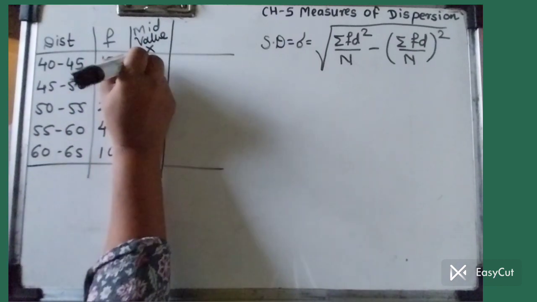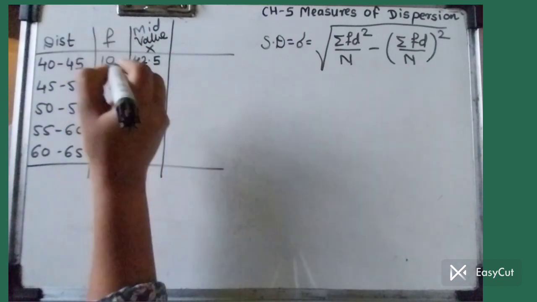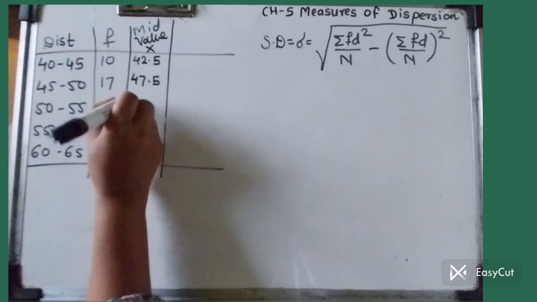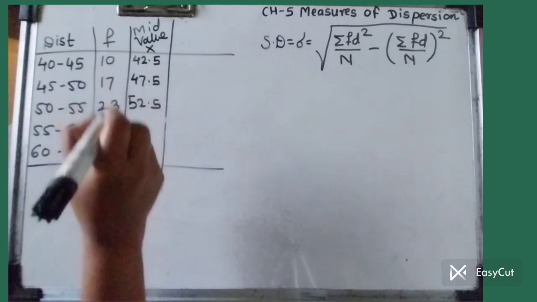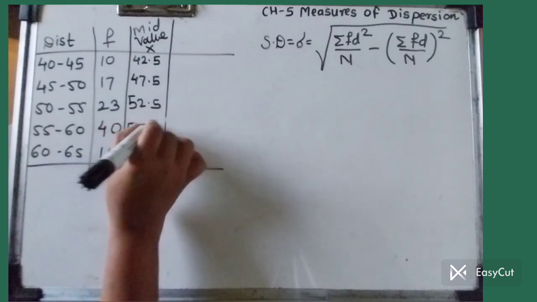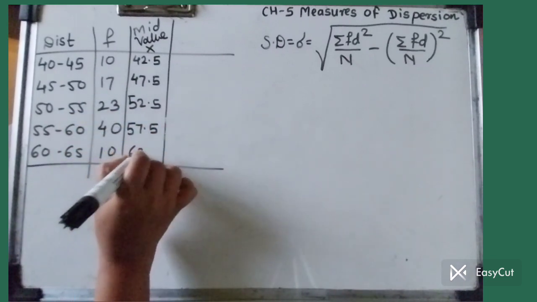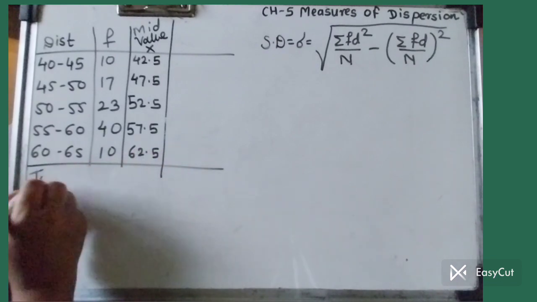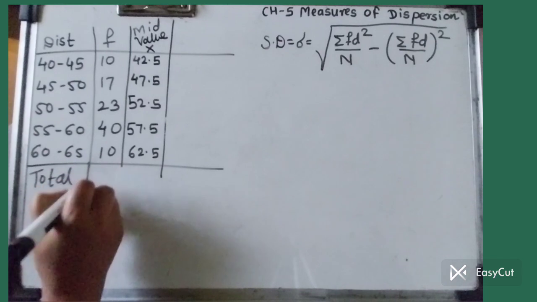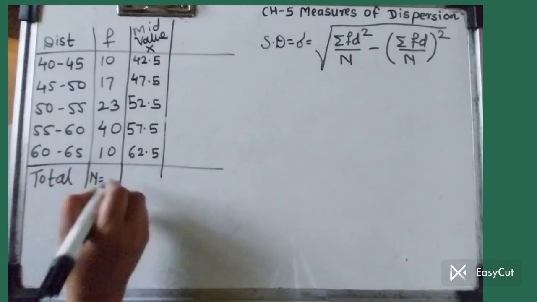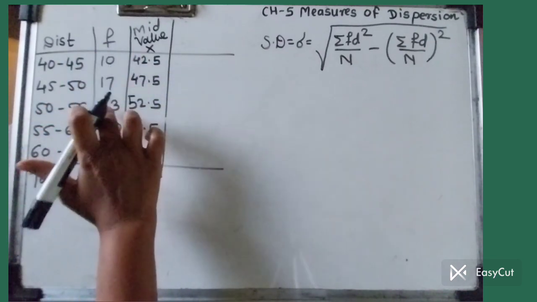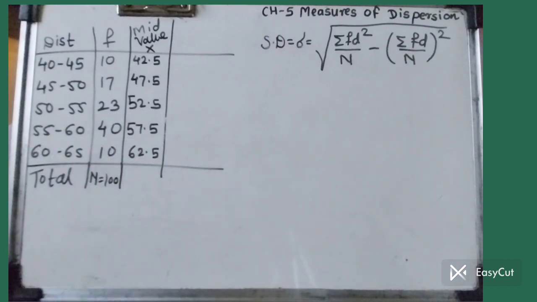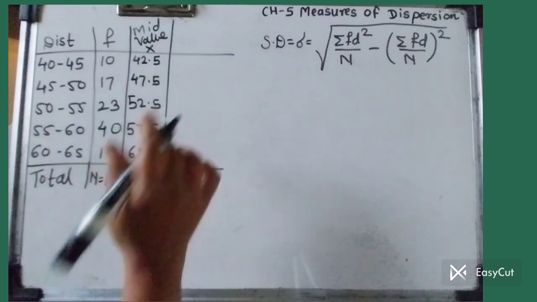So it is 42.5, here 47.5, 52.5, here 57.5, 62.5. Here I write the total n equal to 10 plus 17 plus 23 plus 40 plus 10, which is 100.